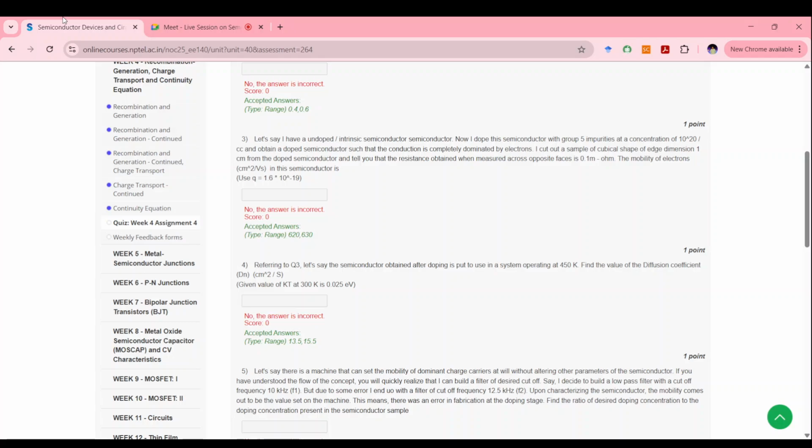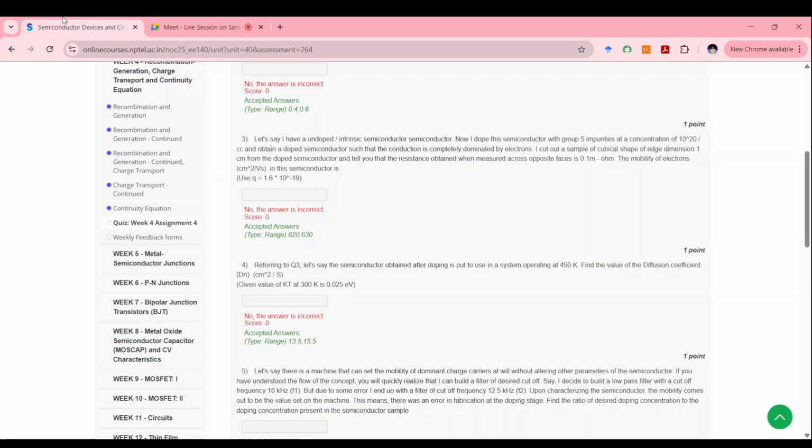Sorry, I didn't check the question. In the question itself, they have also mentioned that KT at 300 Kelvin is 0.025. So we can't assume it as 0.026. So the value would be like this, and based on this, this value would be changed: 0.0375 multiplied by 625 divided by 1.6.